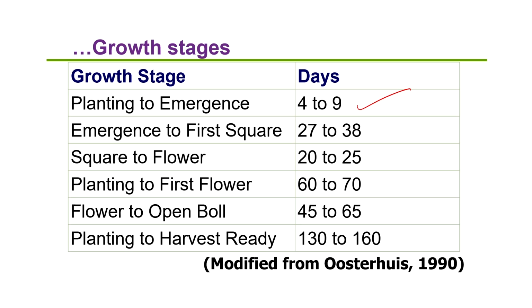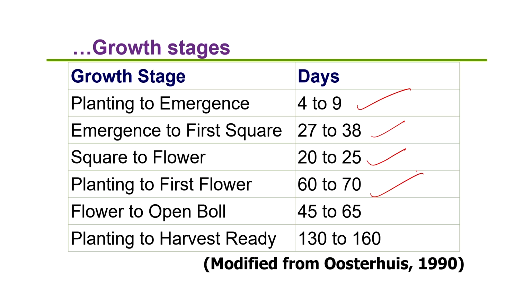Emergence to first square, when it has come out from the soil up to the formation of the first square, takes 27 to 38 days after sowing. And remember that these are very average values. Square to flower formation, 20 to 25 days, and then planting to first flower, 60 to 70 days.